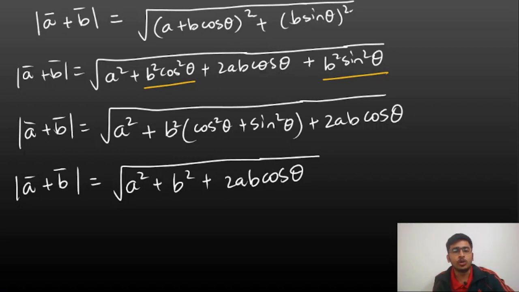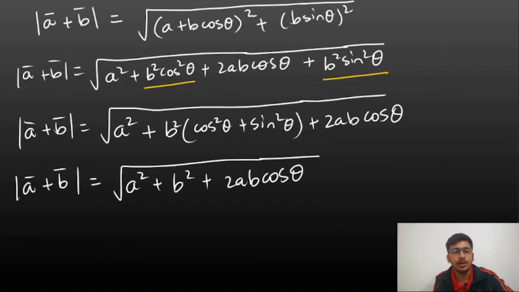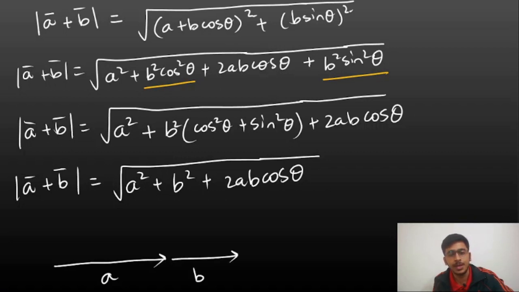And if I want to draw this, how can I draw this? Well, instead of drawing b in the magnitude form, let me just write down the components of b. So this is a vector. I am writing down this is b cos theta i cap vector, and then b sin theta j cap vector.